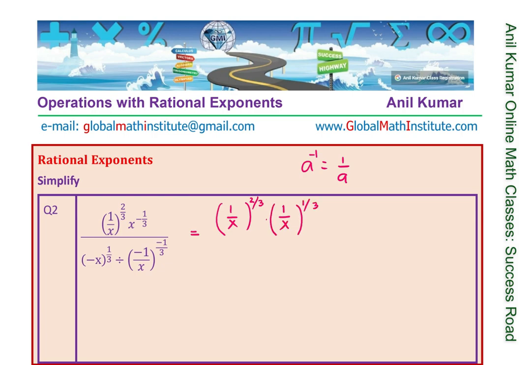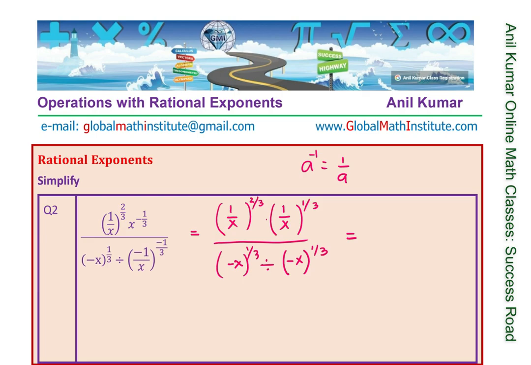Makes sense, right? In the denominator, we have minus x to the power of 1 over 3. Let's rewrite. And then we have division statement. So division means reciprocal of multiplication. But anyway, first let's take care of the negative sign right there. So that gives me minus x to the power of 1 over 3, right?